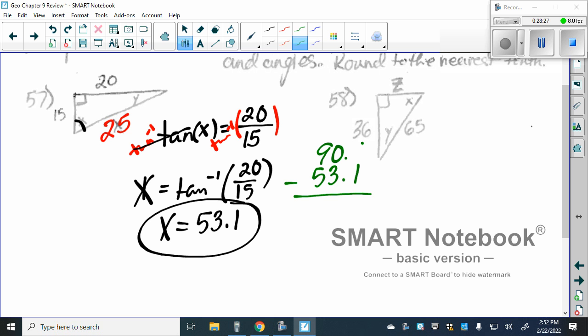So we can actually subtract 53.1 from 90, which will give us 36.9 as y. And that's all we'd have to do for this here. Any questions on these here? Do we have any questions on 58?